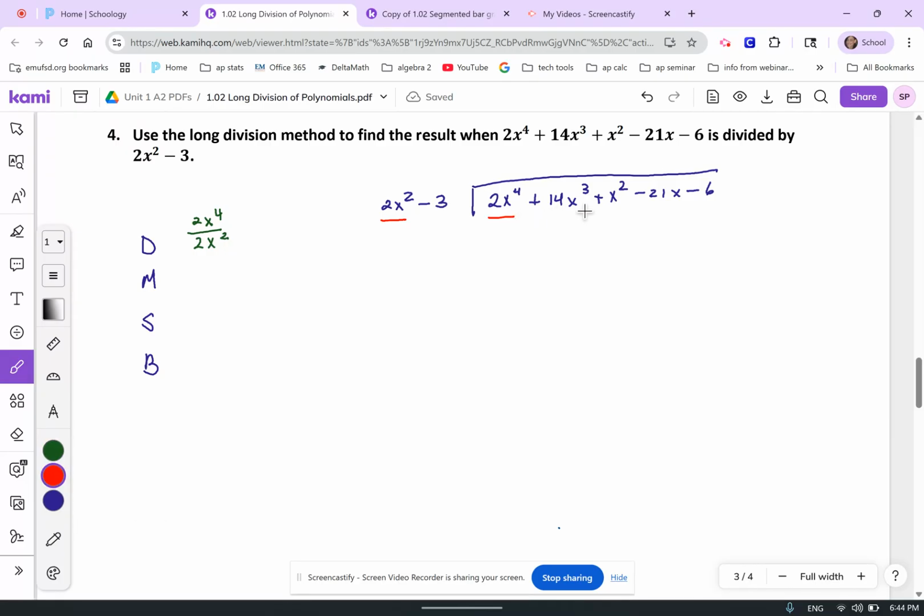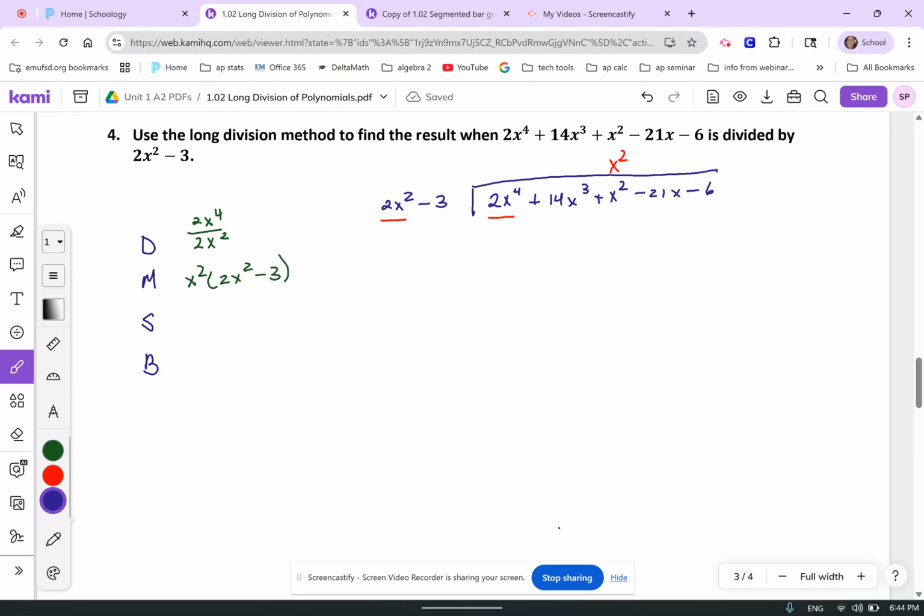So you need to place that result of x squared above the x squared term. So you want to line up the common variable. Next, you want to multiply. So you want to take the x squared and multiply it by the divisor.